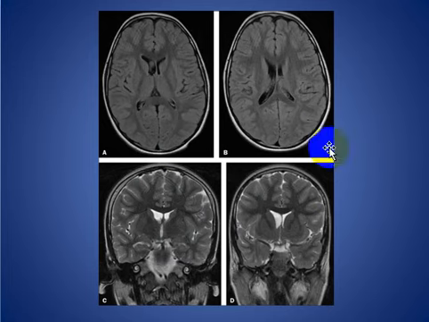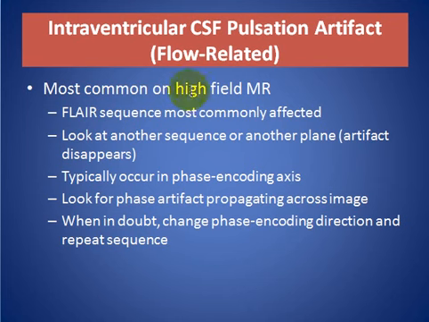This is a FLAIR and this is a T2 weighted image. Intraventricular CSF pulsation artifact is most common in high field MRI.